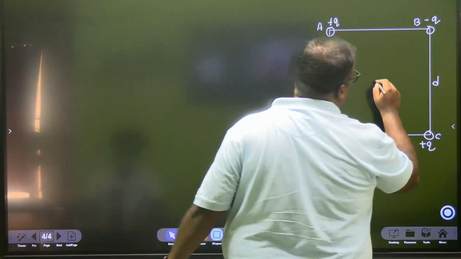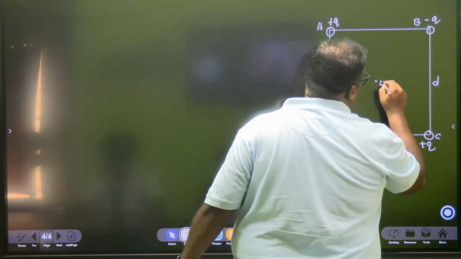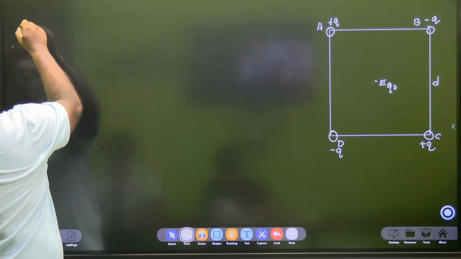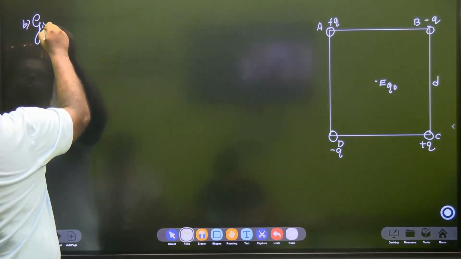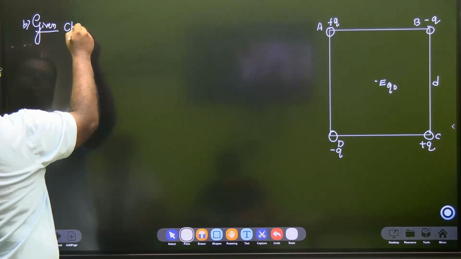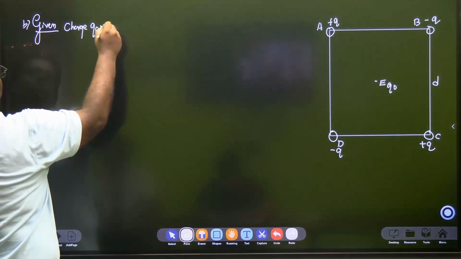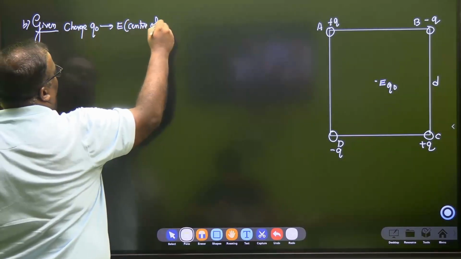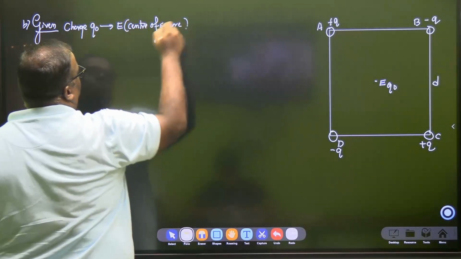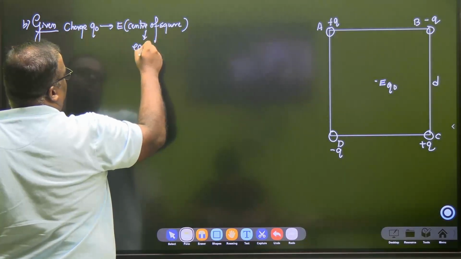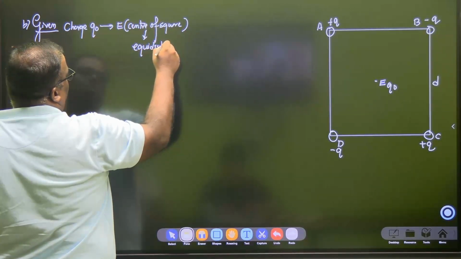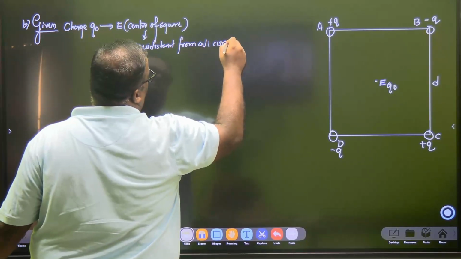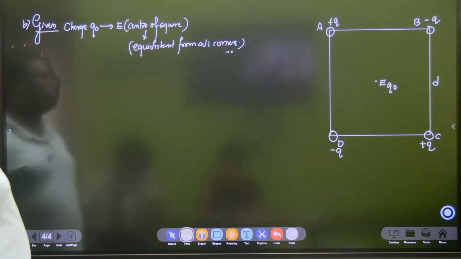So let's write the given data for part B. Given: charge Q naught is brought to E, which is the center of the square. Center of the square means, simple thing is, it is equidistant from all corners or vertices.